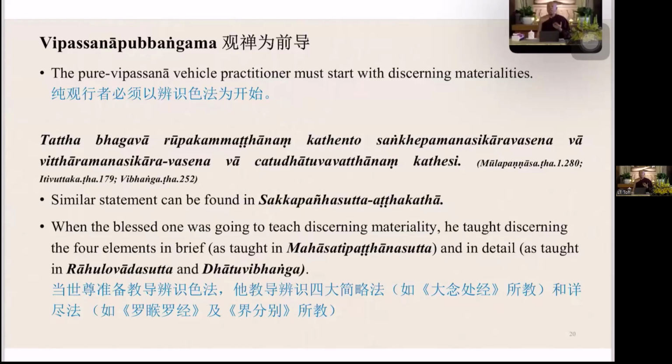Up to which level should we practice? It should be up to access concentration. Last night, I already introduced that many subjects can lead to jhana. Also, there are some subjects that cannot lead to jhana. So we can also say neighborhood concentration.